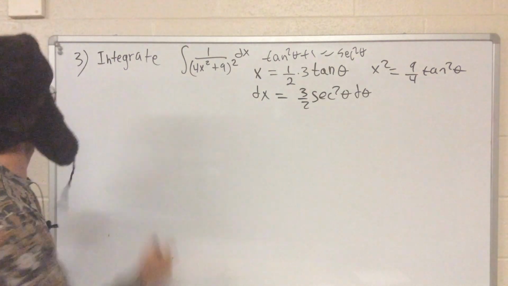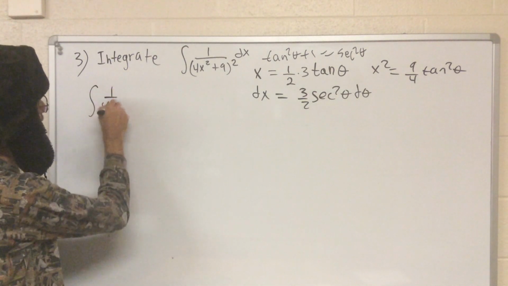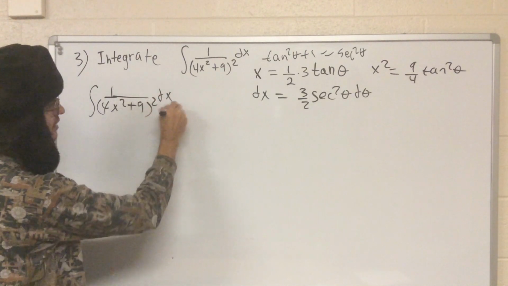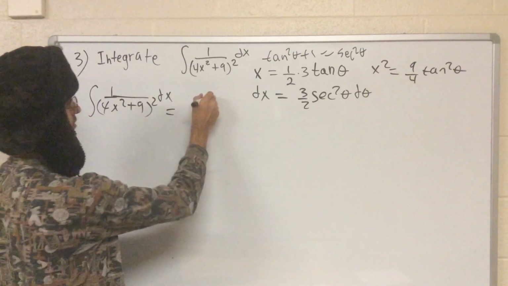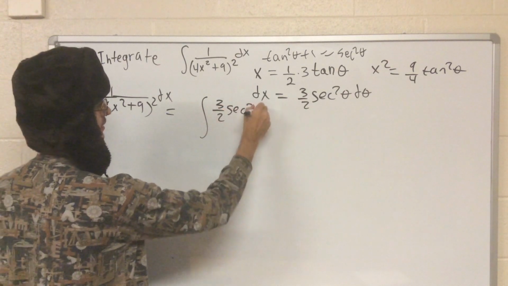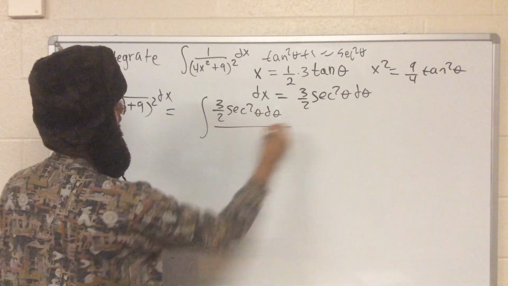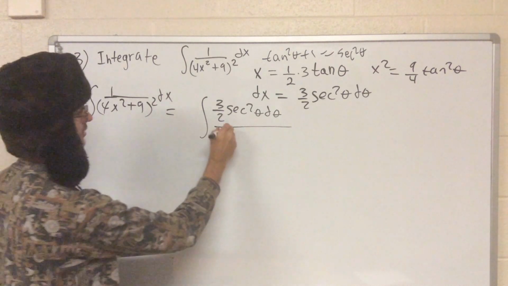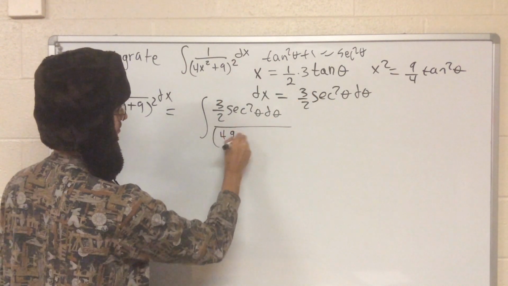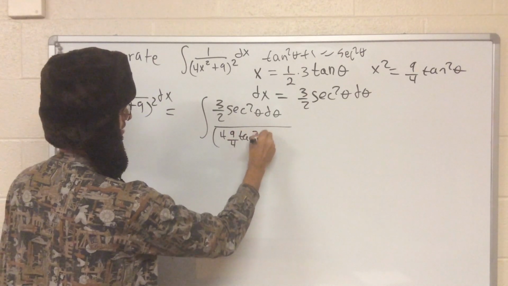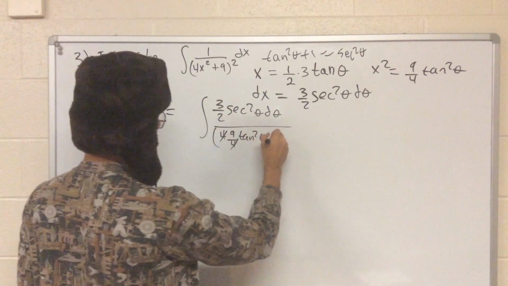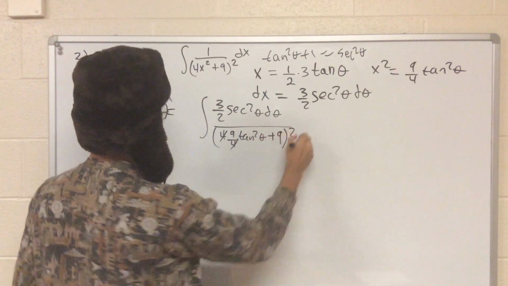So that means that the integral of 1 over 4x squared plus 9 squared dx is just equal to the integral of dx, which will be 3/2 secant squared theta d theta, divided by 4 times x squared, which is 9 over 4 tangent squared theta, and look at that, the 4 cancels out, and then plus 9, all of that squared.